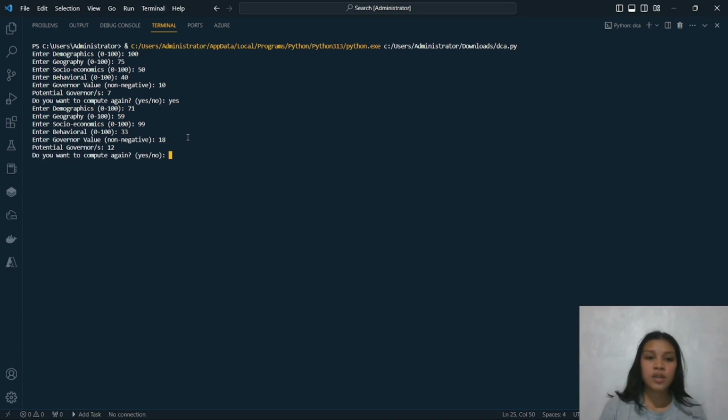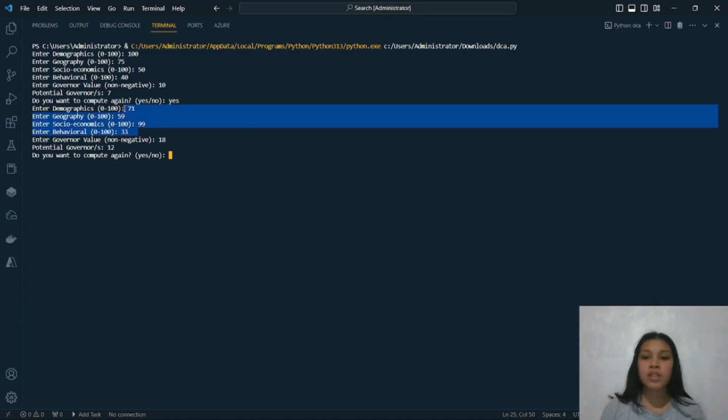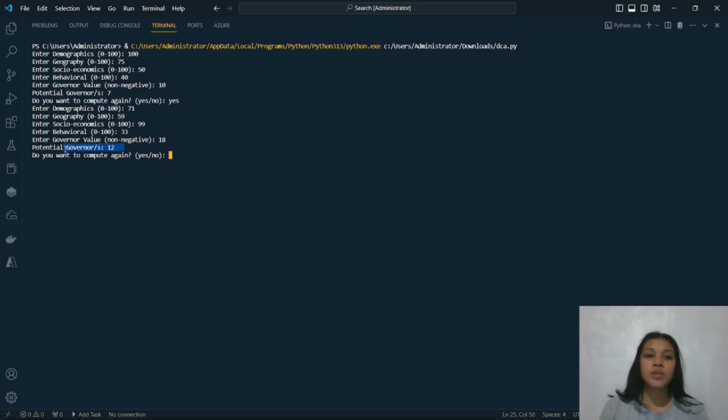So the sum of the factors 71 plus 59 plus 99 and 33 is equal to 262, and let's divide it by 400, which is 0.655. Multiply it by the governor value, which is 18, and we will get 11.79, which is rounded up to 12. So the potential governor here is 12.